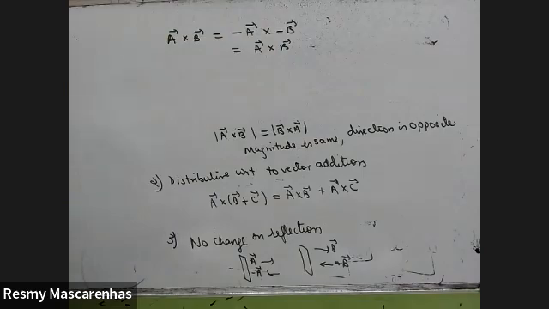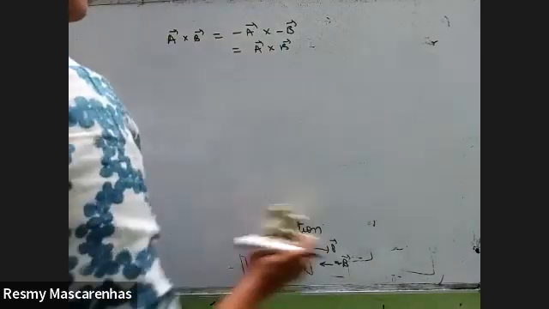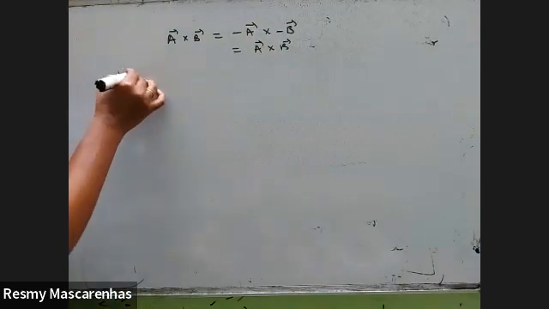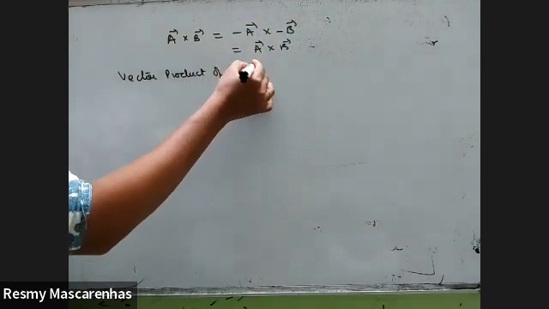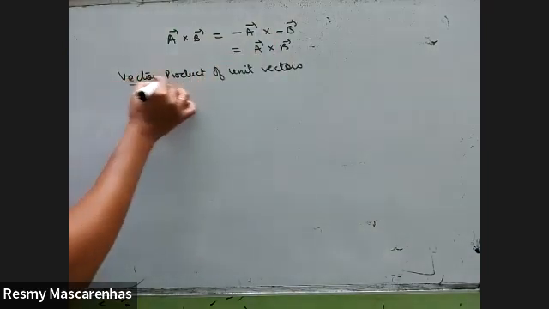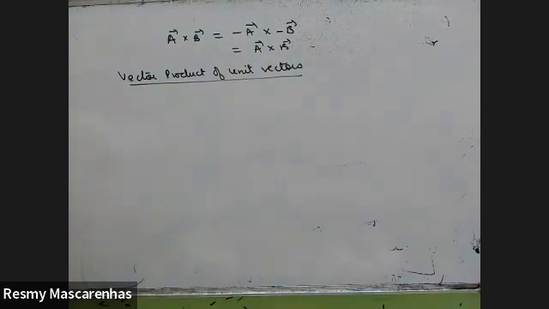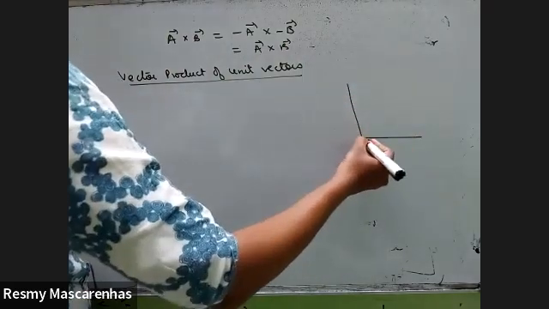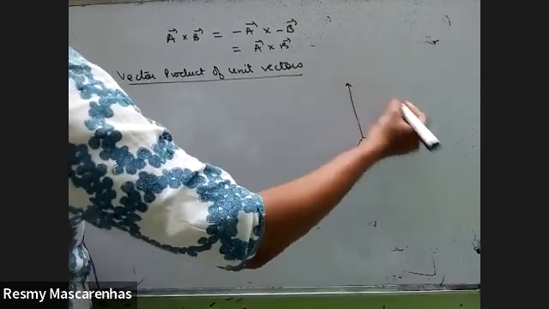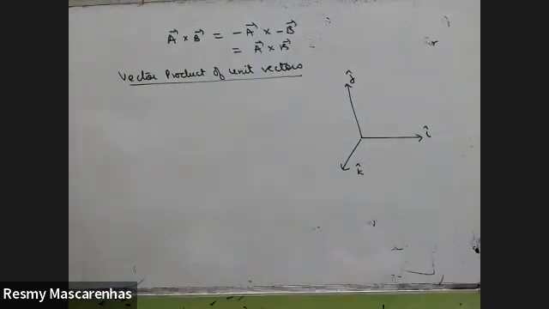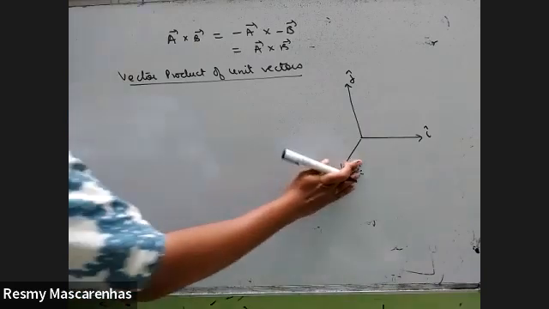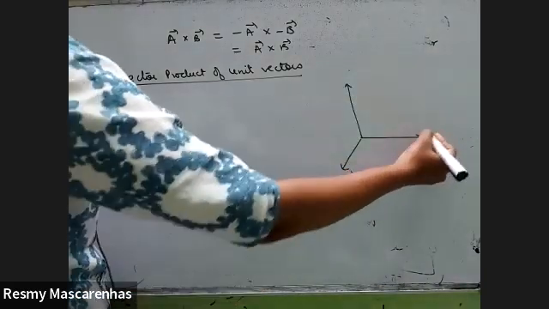Next is the vector product of unit vectors. You can take x, y, and z: the x-axis, y-axis, and z-axis.